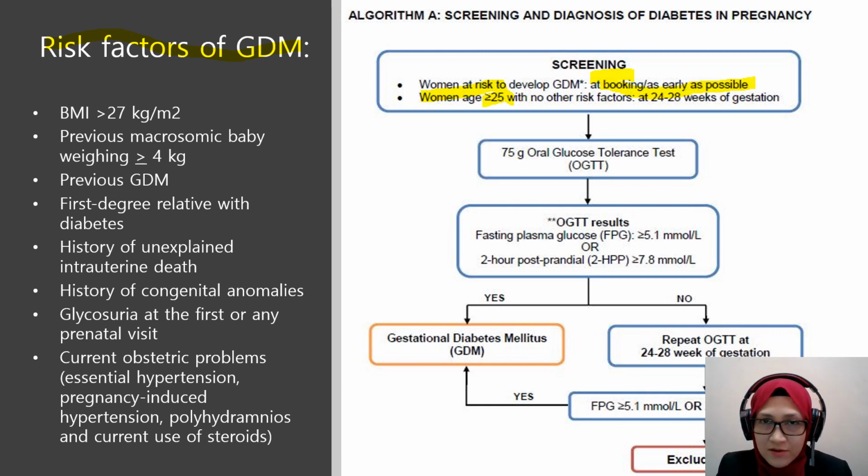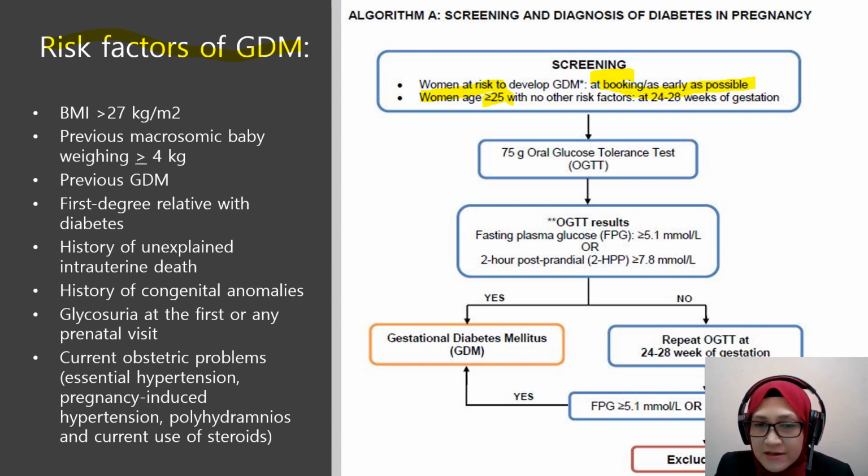For example, from 10 o'clock the night before, they cannot take any food or any fluid, and then in the morning they have to go to the clinic to get the blood sample before they take anything, and then they will be given 75 grams of glucose, and they have to wait 2 hours, and then the blood will be taken again. So we will have 2 samples: pre and 2-hour post glucose load.